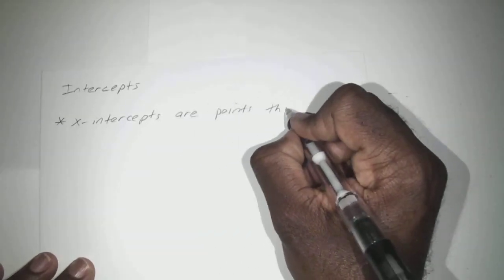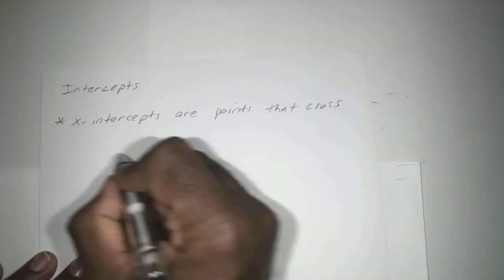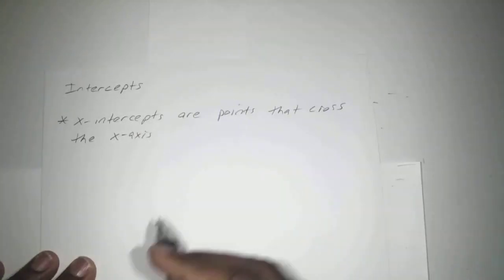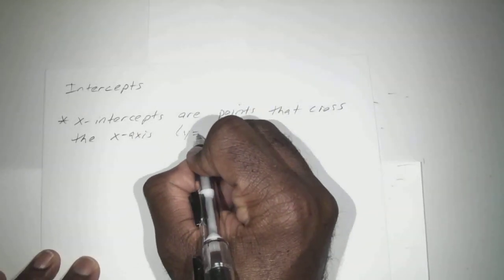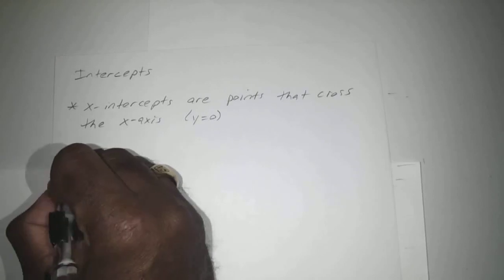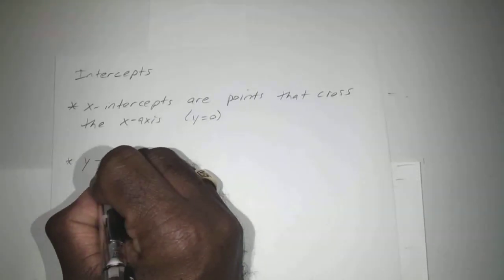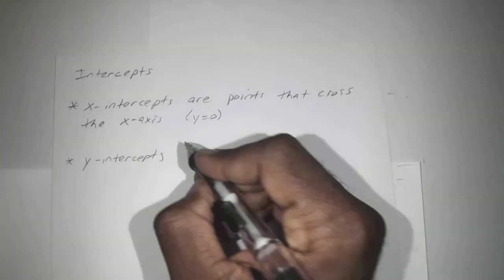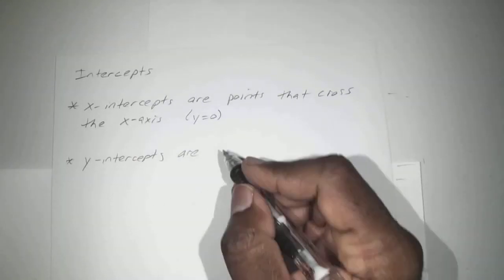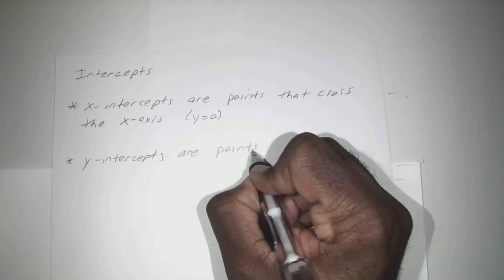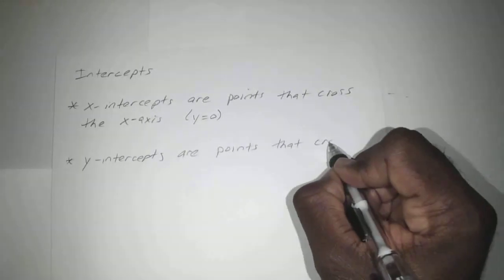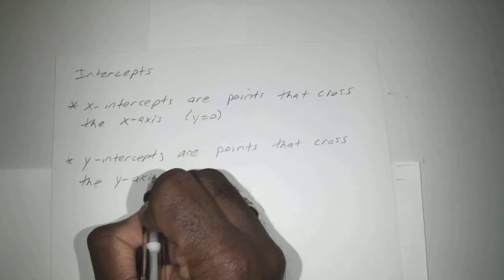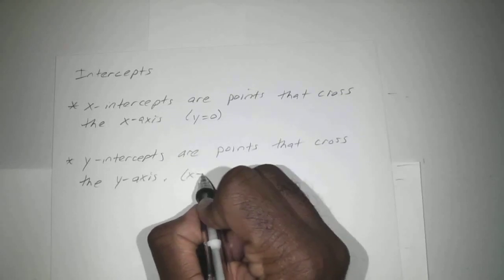X-intercepts are points that cross the x-axis, or where you can make y equal 0, and y-intercepts are points that cross the y-axis, or where x is equal to 0.